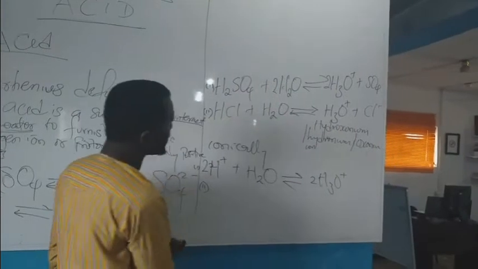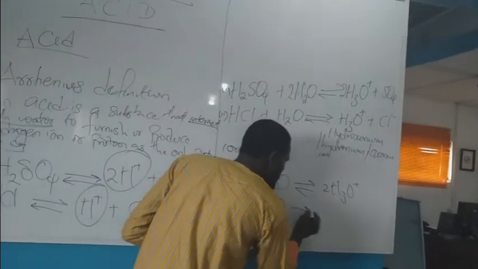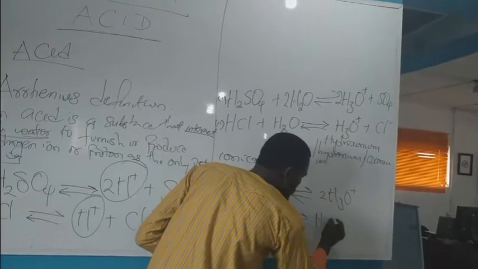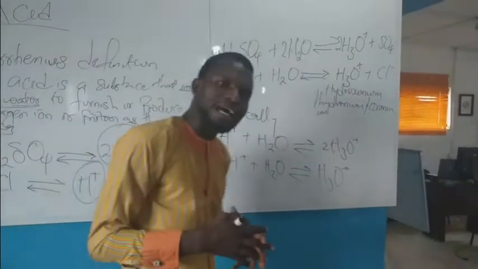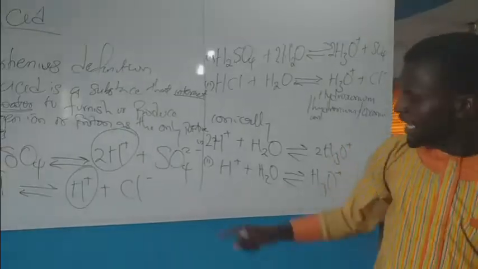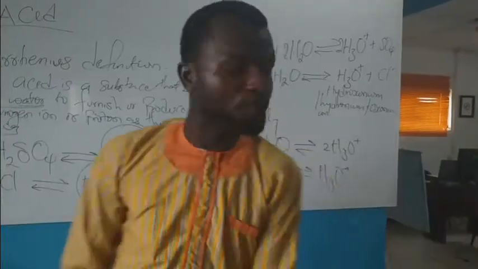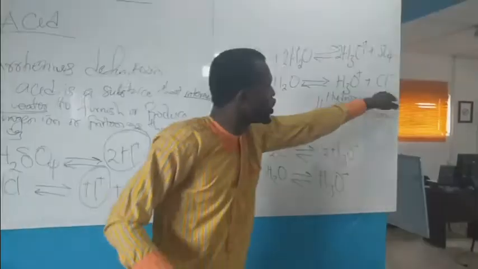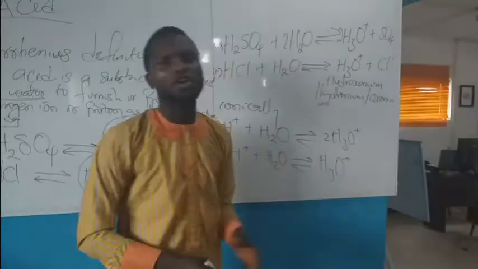The second equation can be translated as hydrogen ion plus water giving you hydronium ion. So this implies that water, according to the result of experiment, interacts with hydrogen ion to yield a new species, which is called hydronium or oxonium ion.